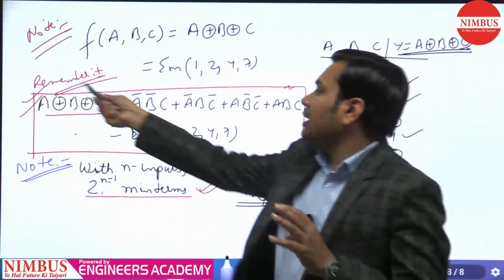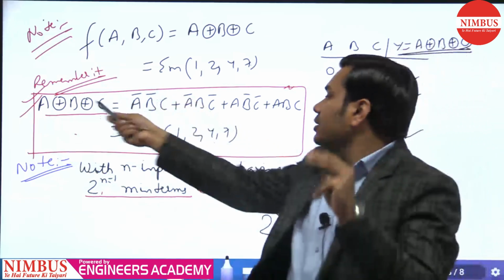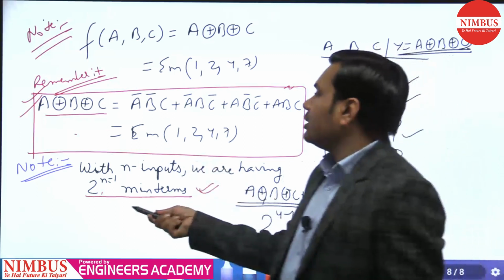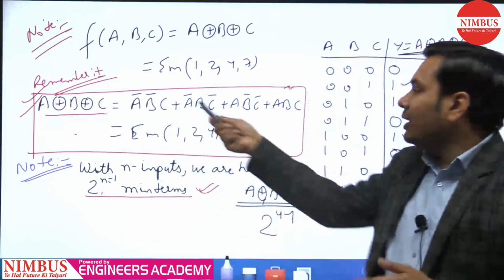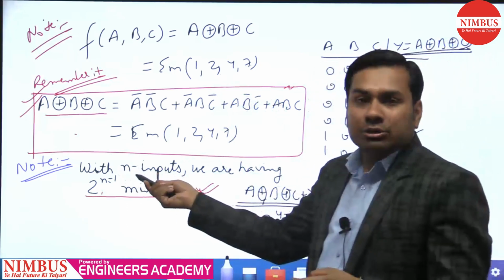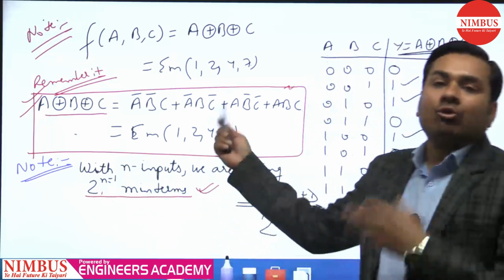For A XOR B XOR C we have 3 inputs, and by solving we get 4 minterms. So according to the note, cross checking, with 3 inputs we have 2 raised to 3 minus 1, that means 4 minterms.